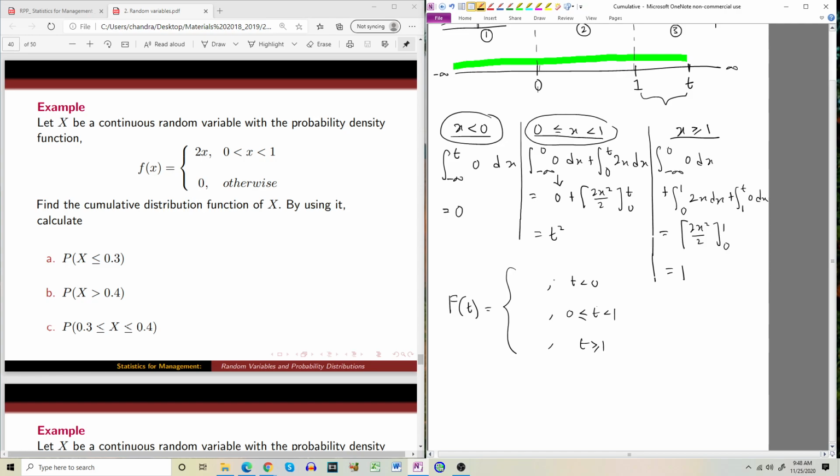So t less than 0, 0; 0 to 1, t square; t greater than 1, 1. Once you write the answer in t, you rewrite the answer in x.